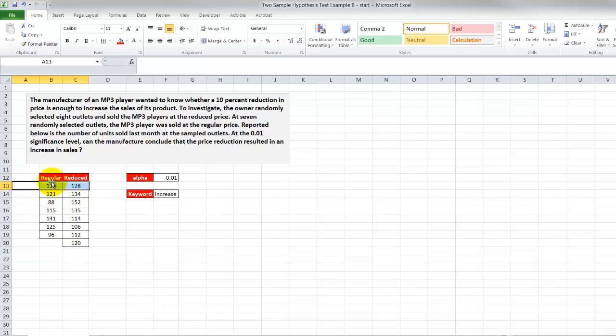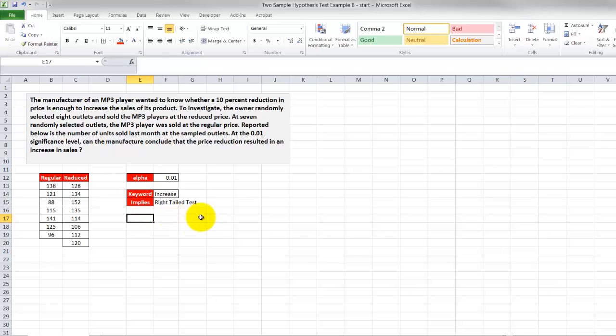So this isn't going to be a paired situation. What does this keyword imply to you? The keyword implies to me that we're dealing with a right-tailed test. So increase is to the right. Let's go ahead and format that and move on.